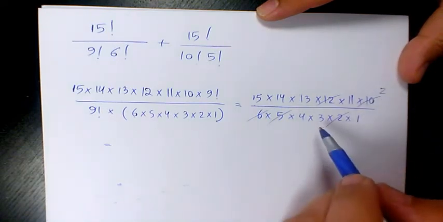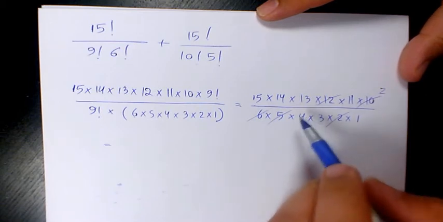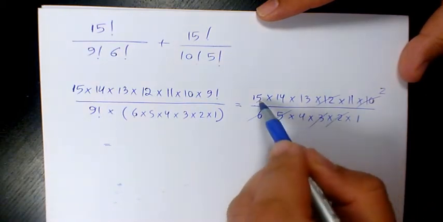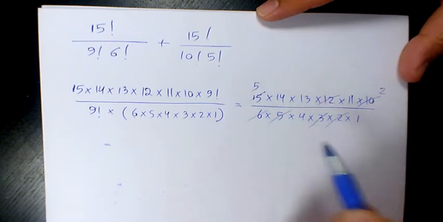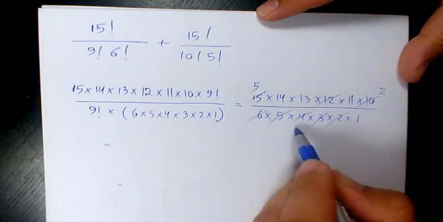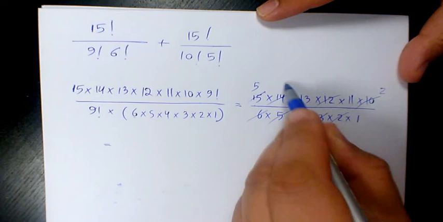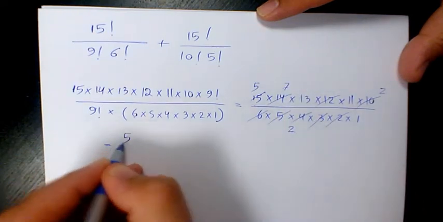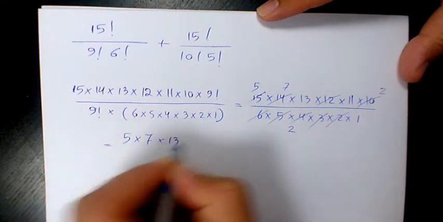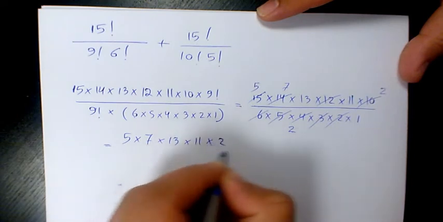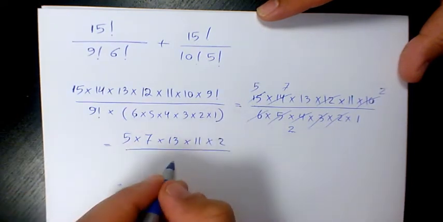And 3 and 15, that's going to leave me with 5 in here. And 4 is going to be 2. And here we're going to have 7. So we're going to end up having 5 times 7 times 13 times 11 times 2 divided by 2.